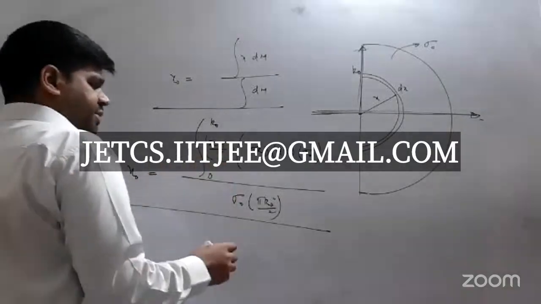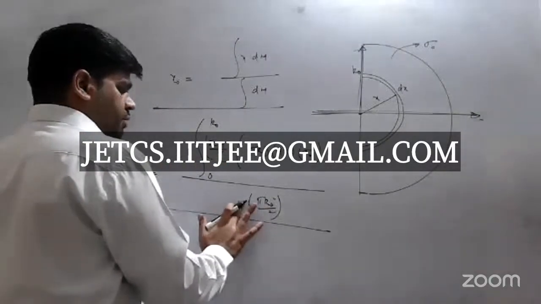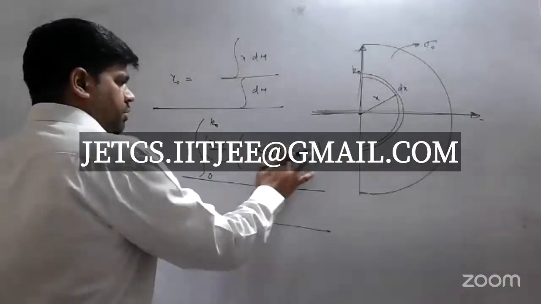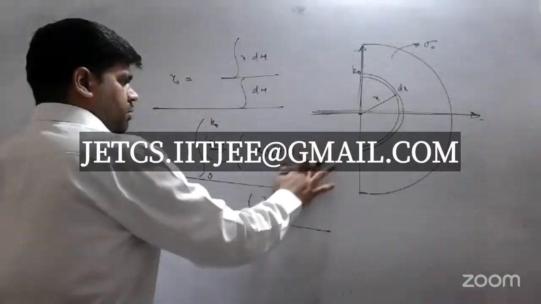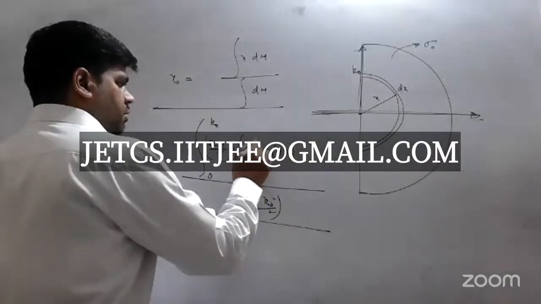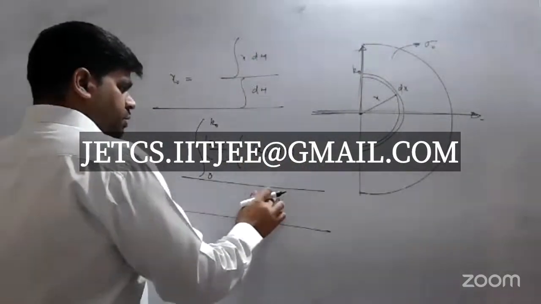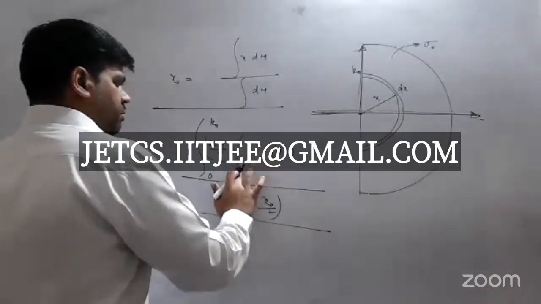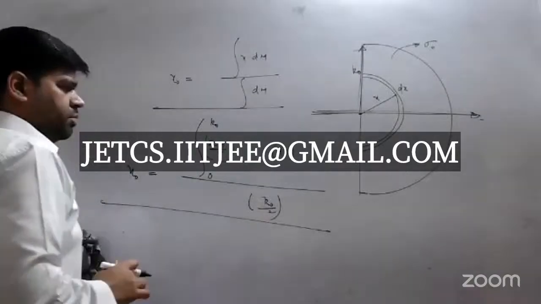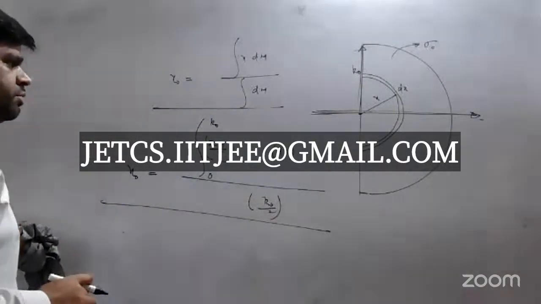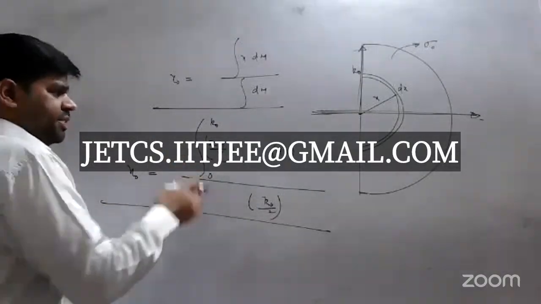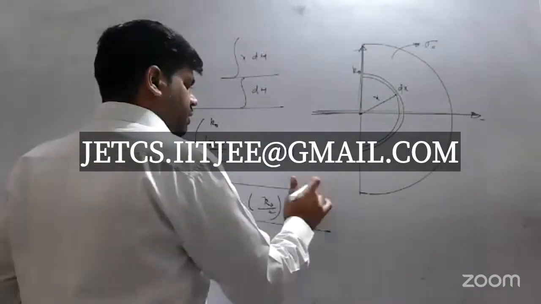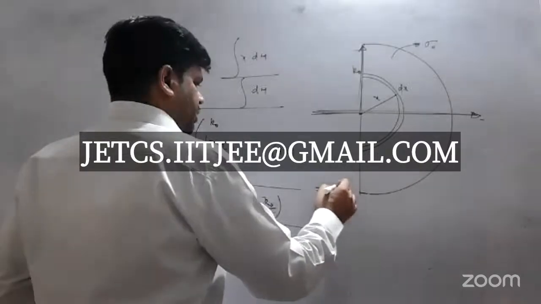So how do you evaluate this? Sigma gets cancelled out, pi gets cancelled out, r gets cancelled out. Integrate this and tell me, what is integral x dx? x square by 2, under limits 0 to r.